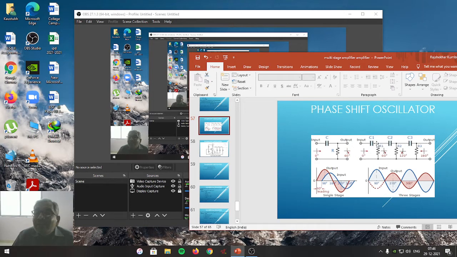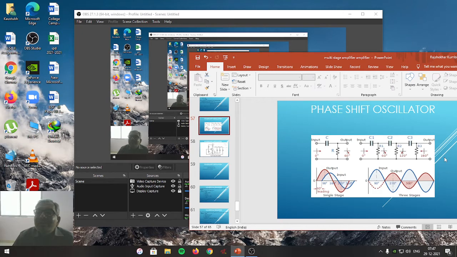Then the first tank circuit produces a phase shift of 60 degrees. The second RC circuit produces a phase shift of 60 degrees. The third RC circuit again produces a phase shift of 60 degrees. Friends, the net phase shift between input and output produced at the third stage of the RC circuit is 180 degrees. That is 60 plus 60 plus 60, that gives 180 degree phase shift between input and output of the tank circuit.